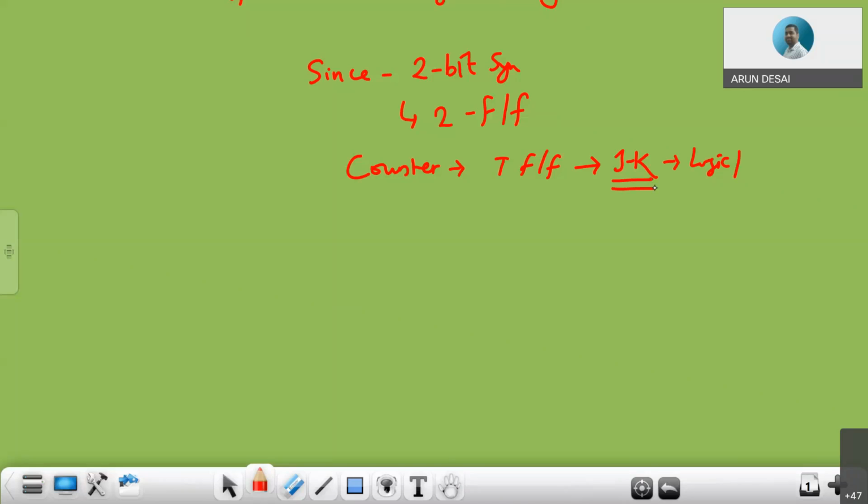So we must know the excitation table for the JK flip-flop. What is an excitation table?